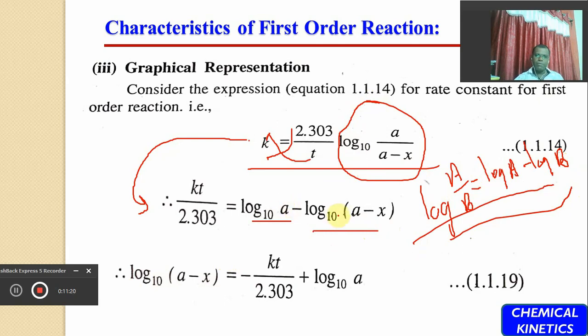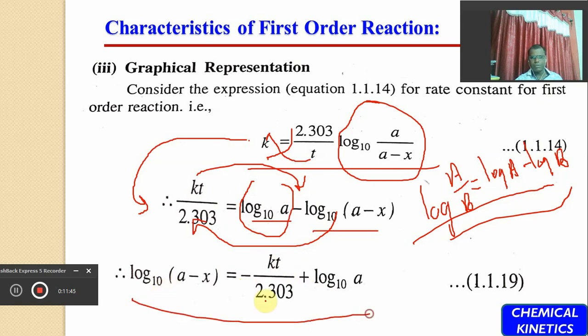Again, I am going to transfer this term to this side so it will have a positive sign. So log of a minus x is equal to minus kt upon 2.303 plus log of a.